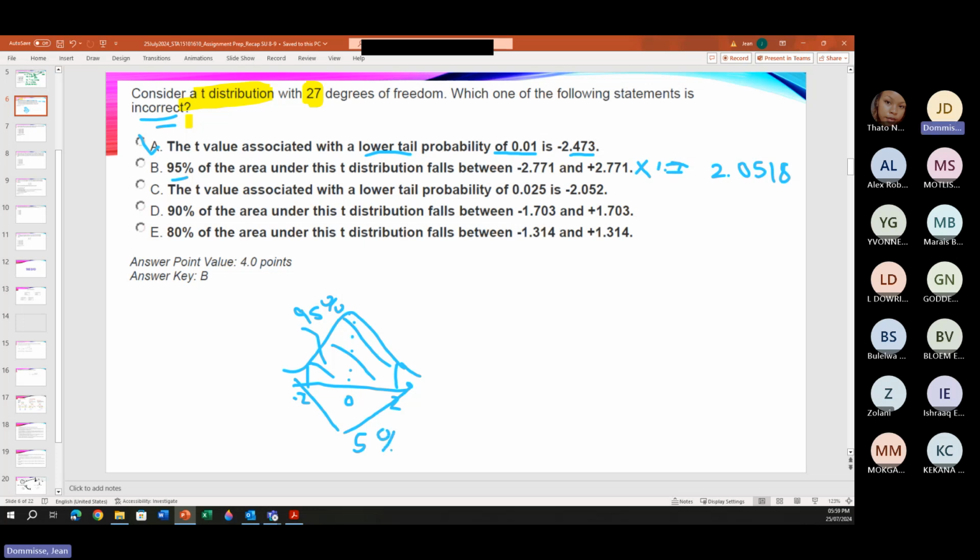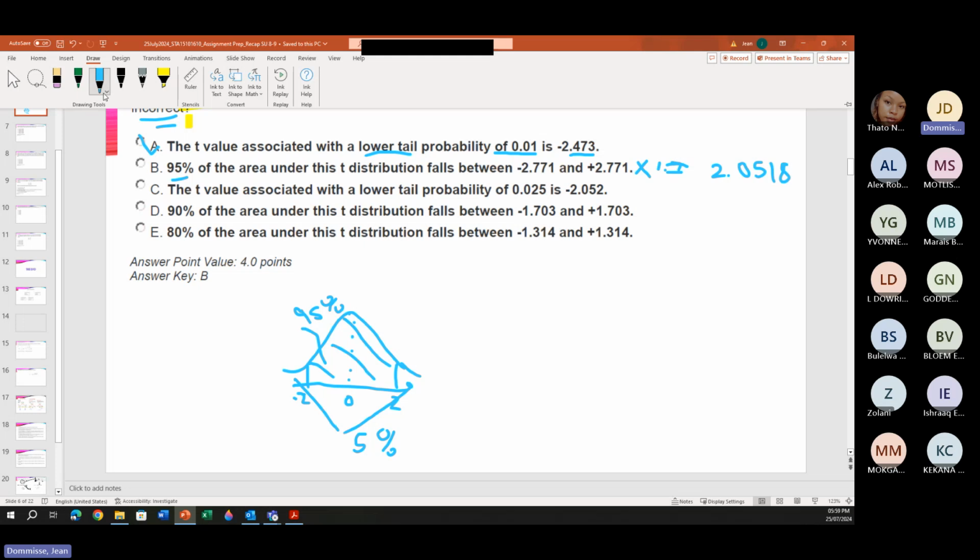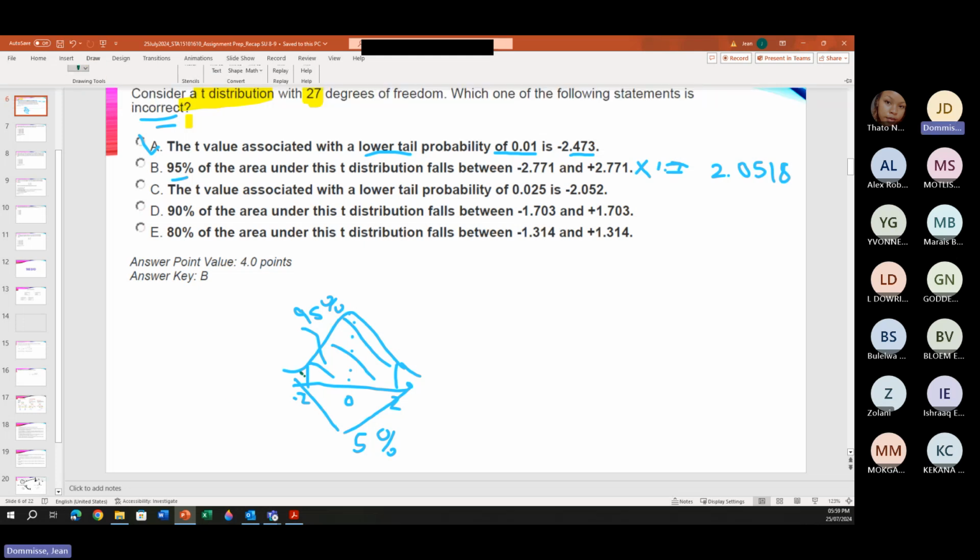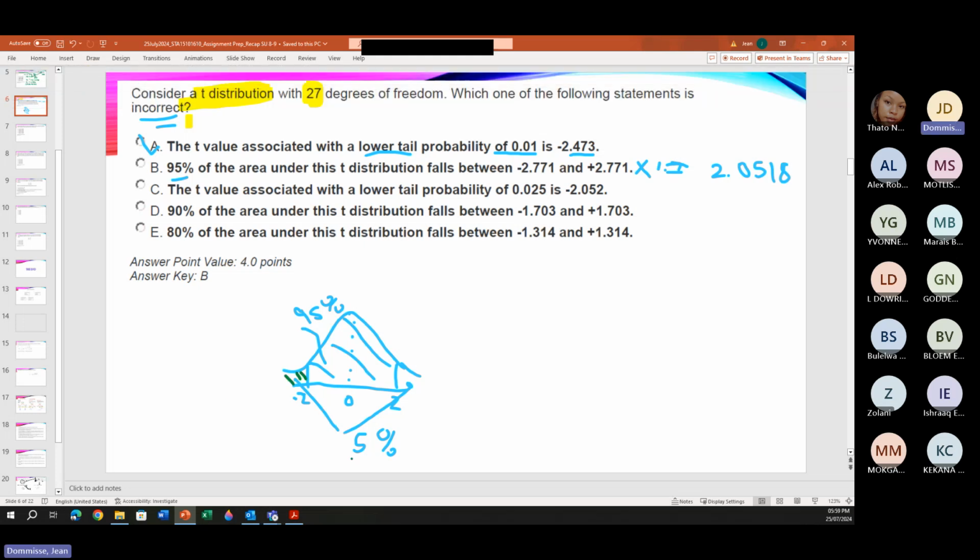So if I wanted to just get one of these small areas, I would have also said that I need to divide the 5% by 2. And the one component will go there, and the other component of the 5% will go there. So exactly the same as we do with a Z table, we can do it with the T table.